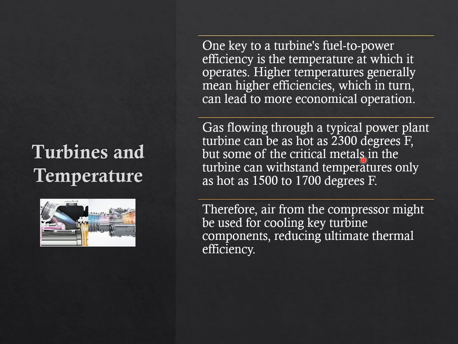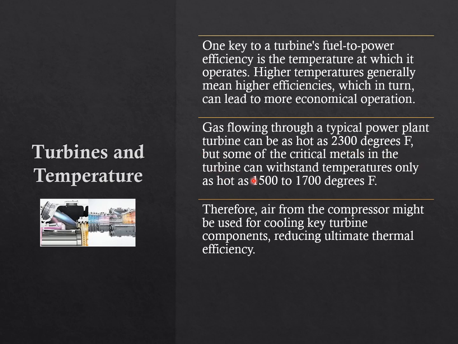A typical power plant turbine can go to 2300 degrees Fahrenheit, of course. That's where your gas is flowing. It's a very elevated temperature. As you know, the turbines are made of metal, so that metal has to stand this type of temperature.